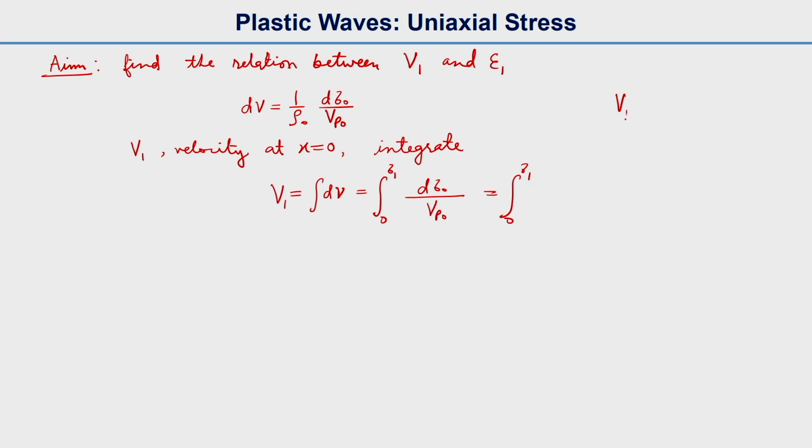We know that the plastic wave velocity V p naught can be written as the square root of d sigma naught d epsilon divided by rho naught, the mass density.